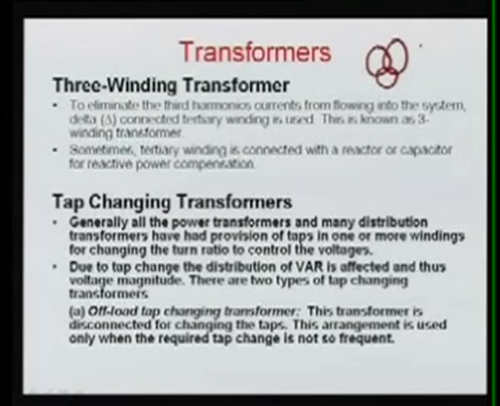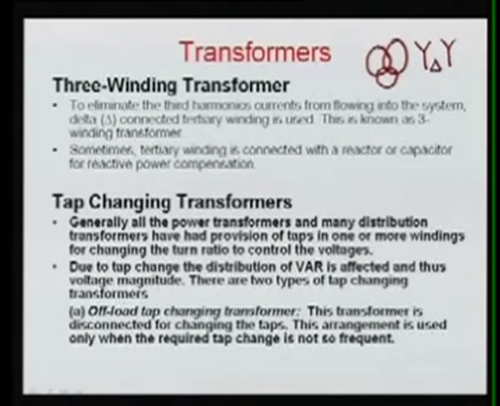So, if it is a star 2 winding transformer, then the tertiary will be the delta. This delta is used so that the third harmonic does not enter into the system, and it keeps rotating in the delta connection and is dissipated.